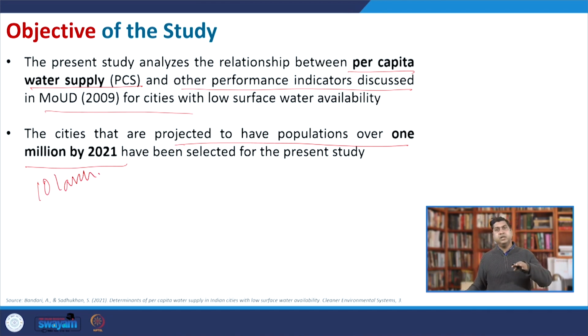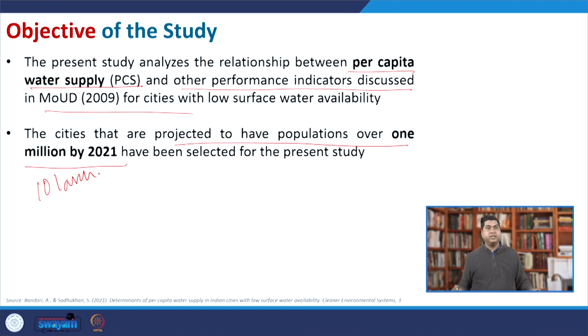We initiated this research in 2019-20, and at that time the latest population data we had was from 2011, so 2021 was something like 2 years ahead of the research timeline. So we had to depend on past data and then apply a projection.